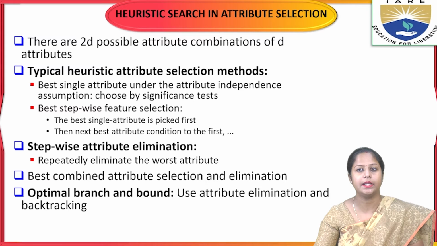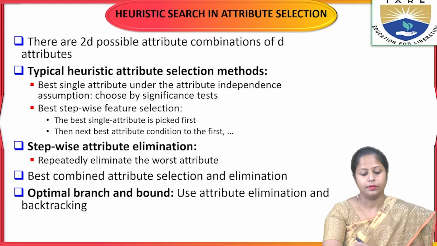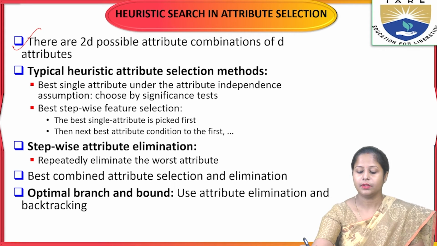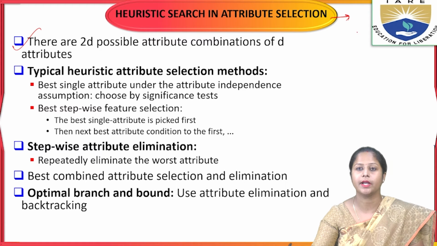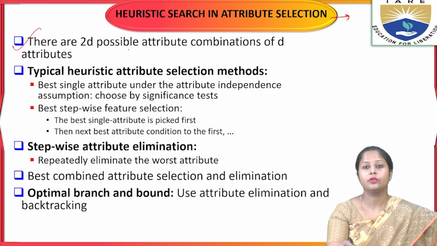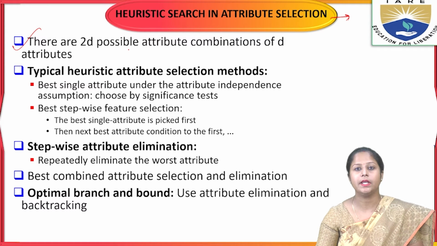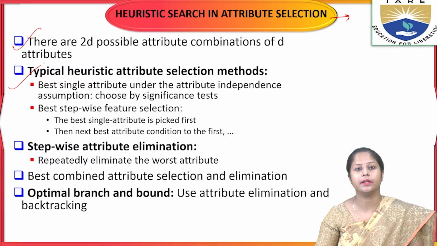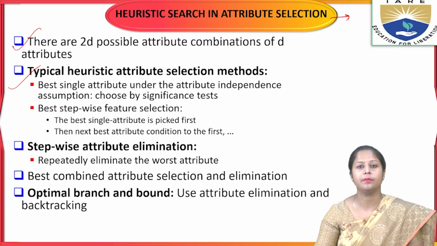There are 2^d possible attribute combinations of d attributes. So that is a typical heuristic attribute selection method. Some typical heuristic attribute selection methods follow.